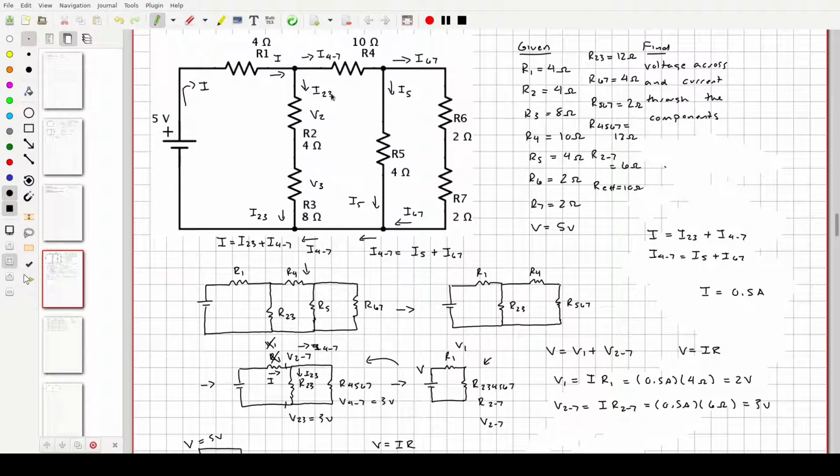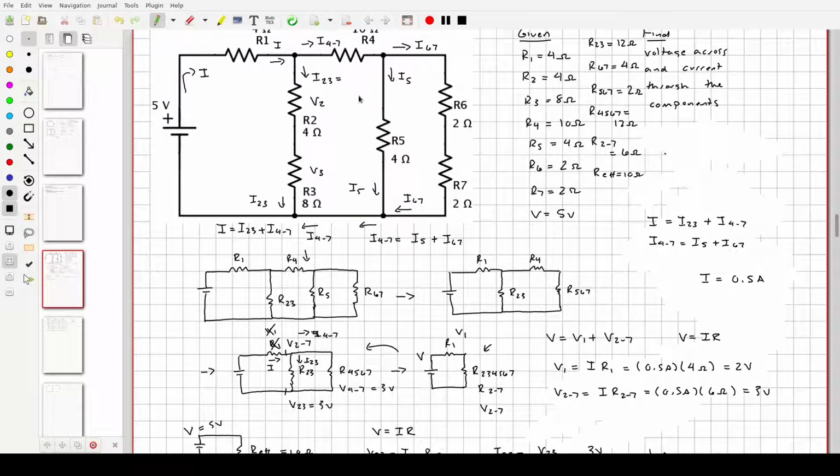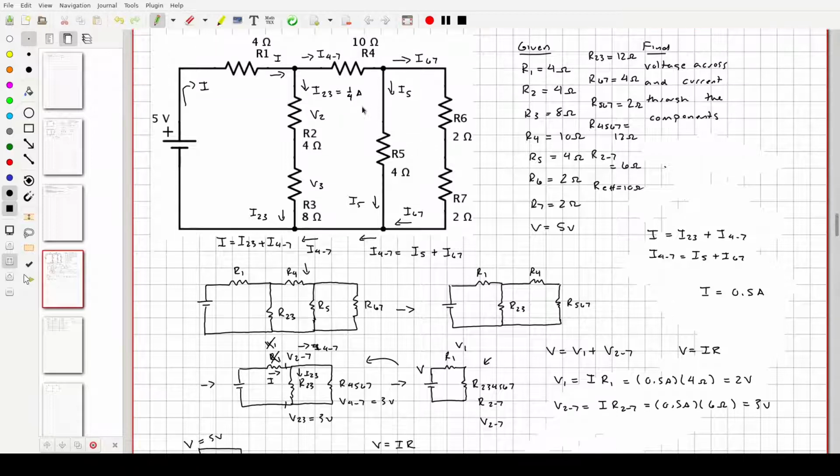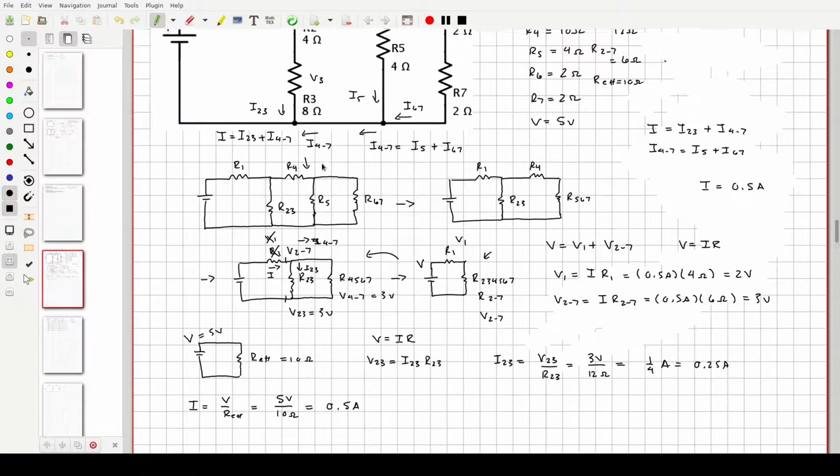So I23 we found was 1/4 of an amp. I'm just going to write it this way. In this leg we have 2 components in series. The current is the same through both of them because it's in series, but the voltage adds up to the whole. What's the whole? That's going to be 3 volts.